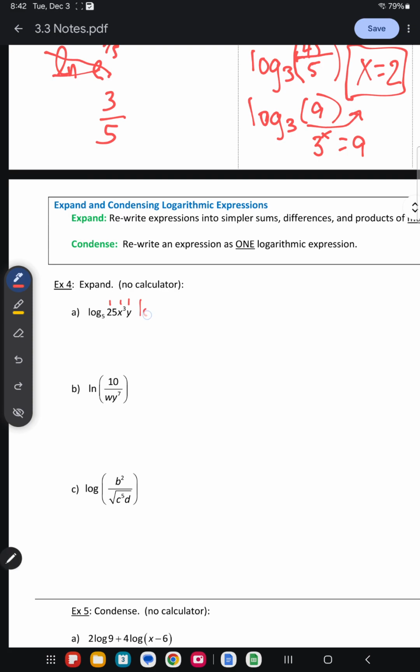So we're going to split this up. So we're going to end up with a log base 5 of 25. Okay. Then this x cubed is going to go in front of the next term. So it's 3 times the log base 5 of x.